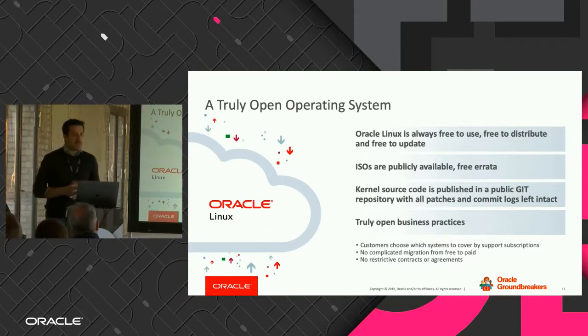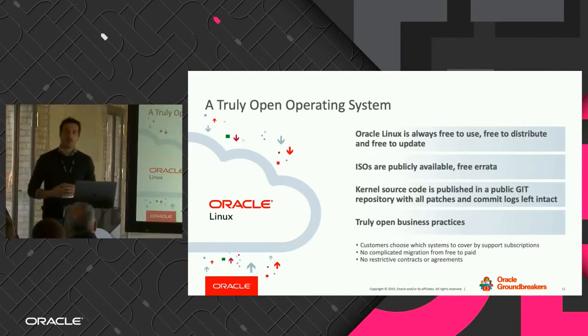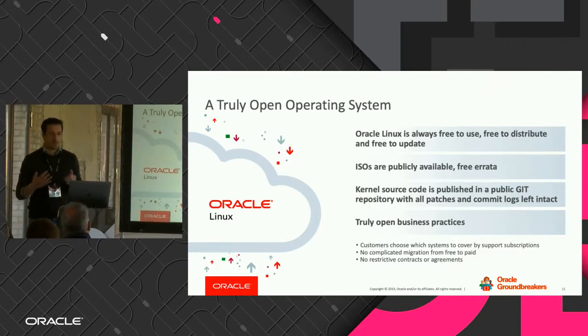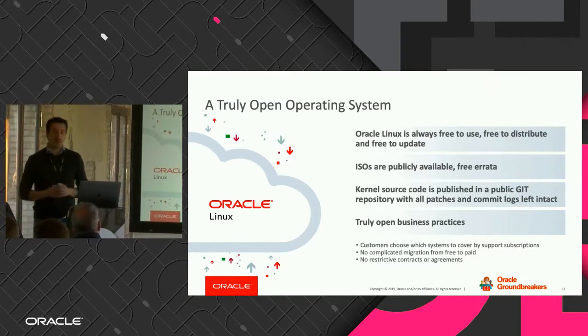So at the end, it's really open, and our customers can choose if they want to pay for support for Oracle Linux. Just to give you an example, I can decide to use Oracle Linux for free on my own laptop, on test environments, development environments, even on production environments.